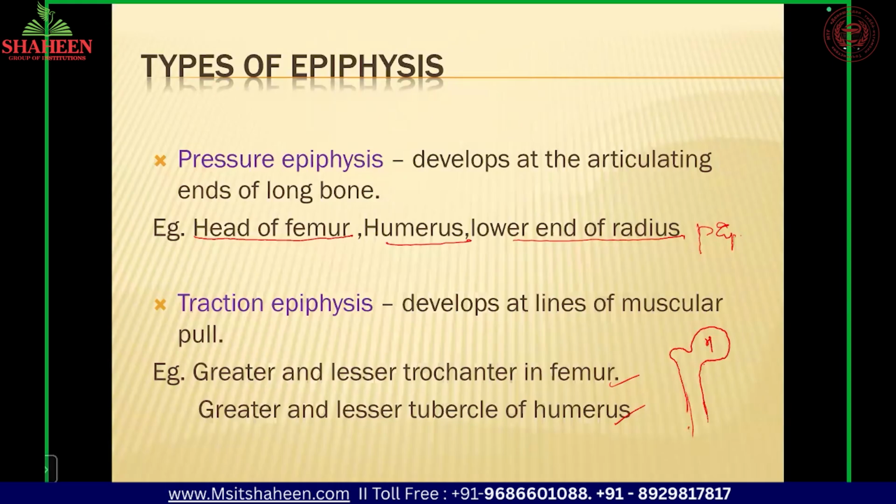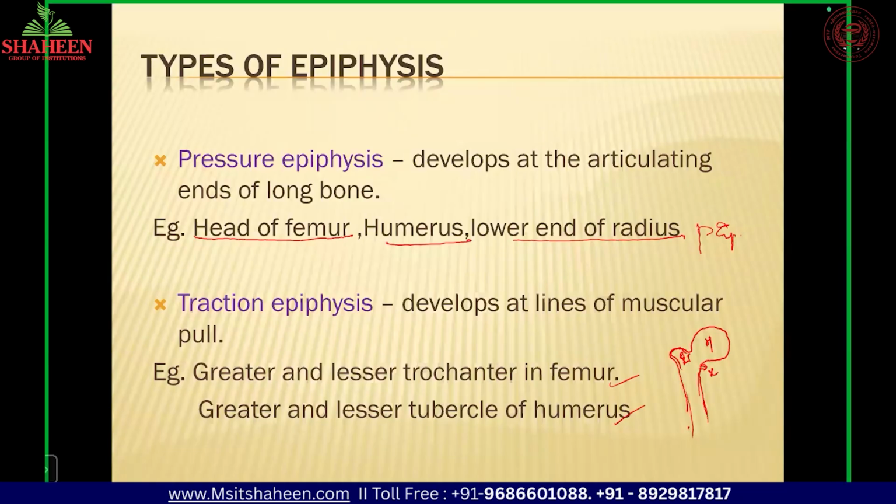This is the head of the femur, and there will be two small projections. The peculiarity of trochanter is that there will be some muscles present. This is a greater trochanter, and this is lateral. You don't worry about this. The trochanter, the tubercle, everything will be learned when you learn the individual bones. Why we are saying all these things is that you should be familiarized with these terminologies.